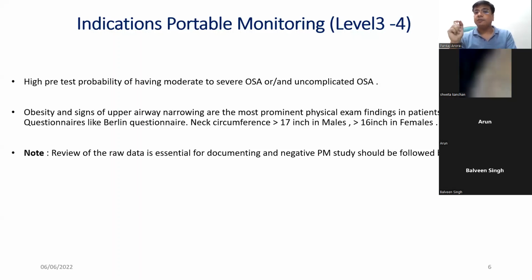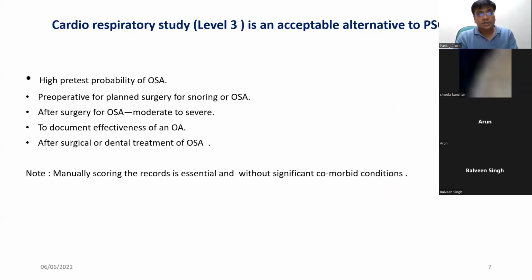Most important, this is portable monitoring, basically an out-of-center test. If it is negative, we should always go back to level 1 polysomnography. Very important. Coming to the cardiorespiratory study, that is, the level 3 study, it is an acceptable alternative to PSG if there is a high pretest probability of OSA.